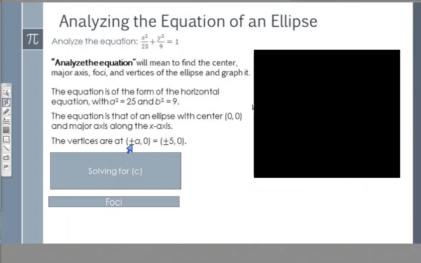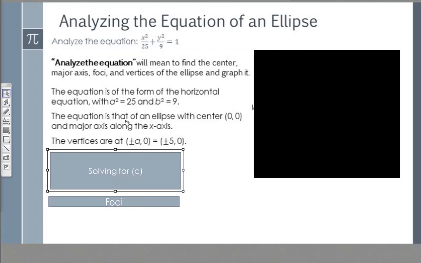And remember, it said you got your k value. Well, my k value is 0. h and k are 0 because we're at the origin. And remember, my a value is I took the square root of 25. And notice that's a plus and a minus.